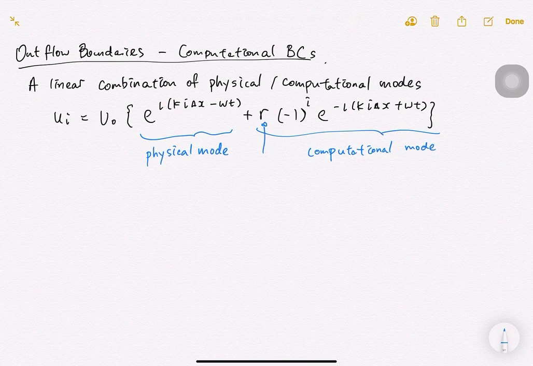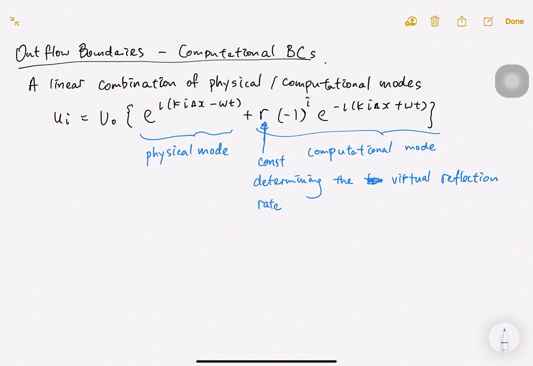And R is a constant determining the virtual reflection rate at the boundary for the computational mode.